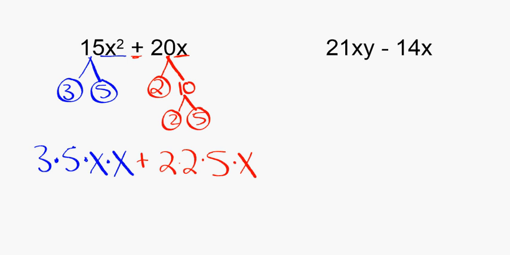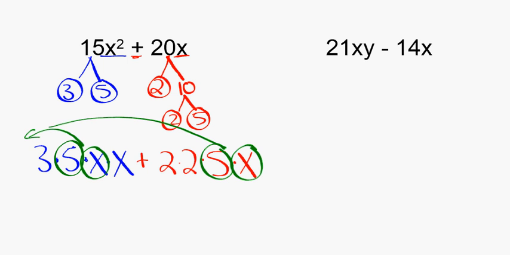So the GCF doesn't always have to be a number. Yes, they have a 5 in common, but they also have a variable in common. So I'm going to take out a 5 times x from each of these. That means the GCF in this example is equal to 5x.